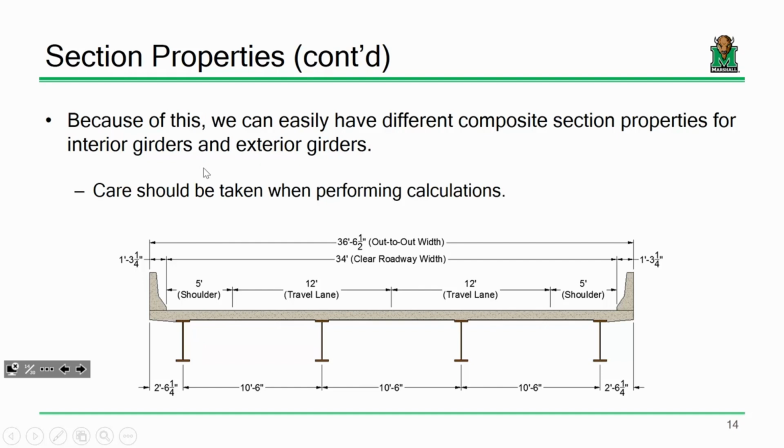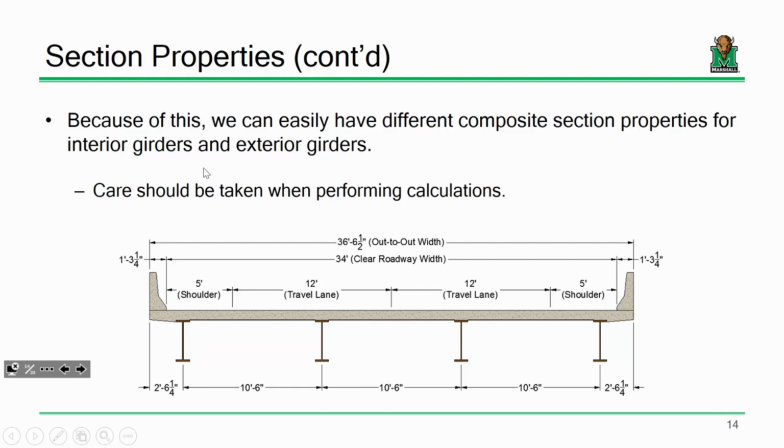One thing, though, is that can create a little bit of a complication when you're analyzing the bridge, because if I look at the interior beams versus the exterior beams, they've got different effective flange widths. If I look at this one, it's what, 10'6"? But this one over here is that plus half that.